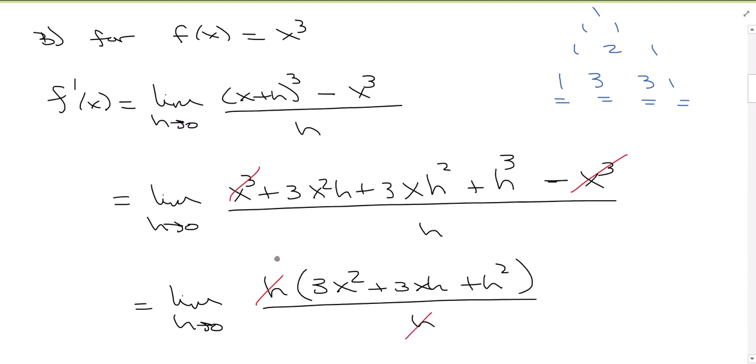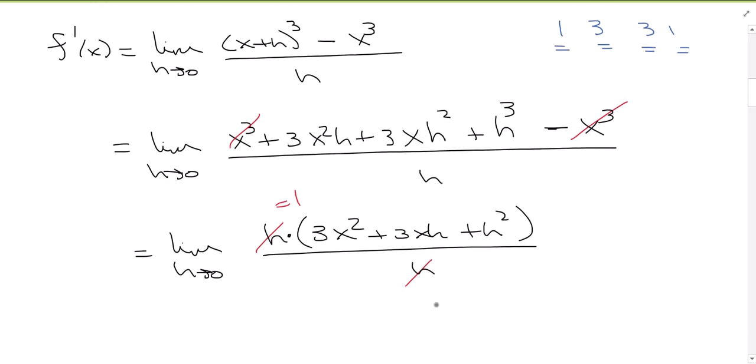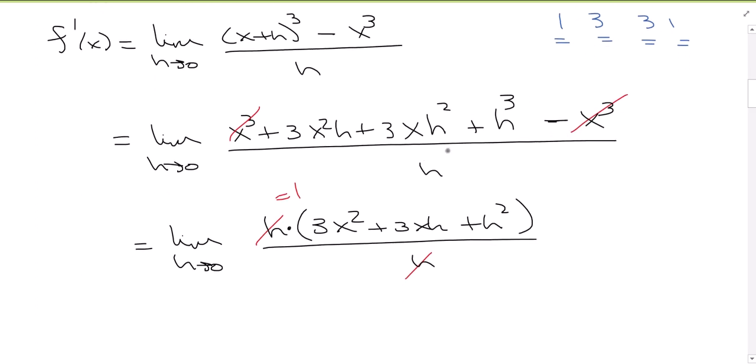H divided by h is 1. I can only do that because I am multiplying, right? Once I have factored it out, it's multiplication, so I can divide out with the denominator. I can't do it from here, right? I can't say h cubed divided by h. I can't just do one of them because this is a whole quantity up there.